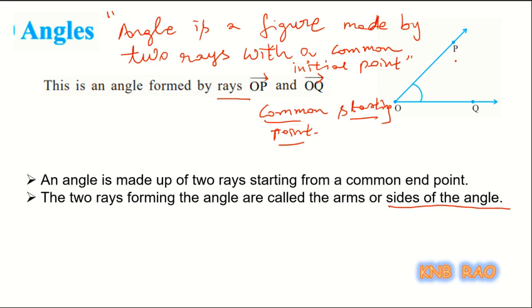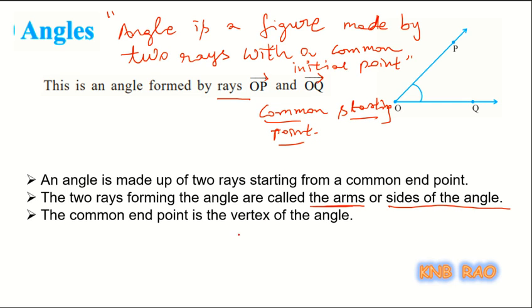The rays which are forming an angle are called sides of an angle, or they are also called arms of the angle. Next, this common starting point is called vertex of an angle. The vertex of the angle, this common end point, or common initial point, is called vertex of an angle.